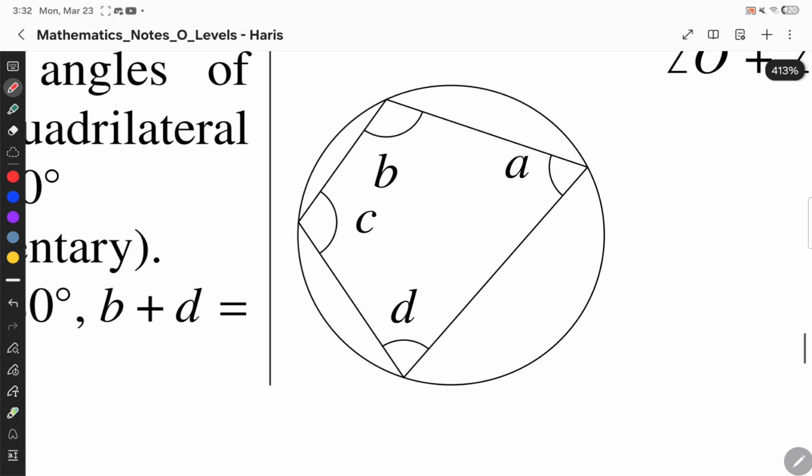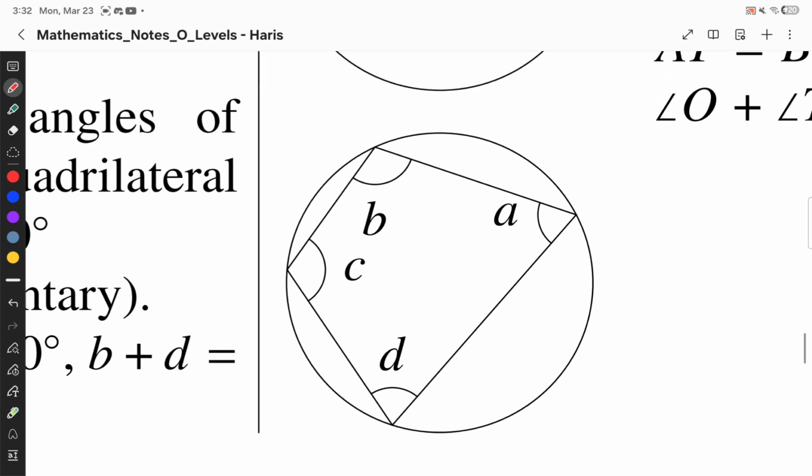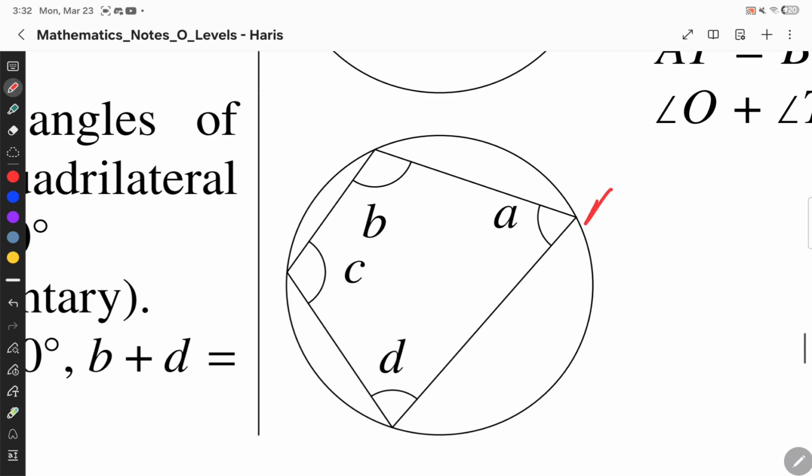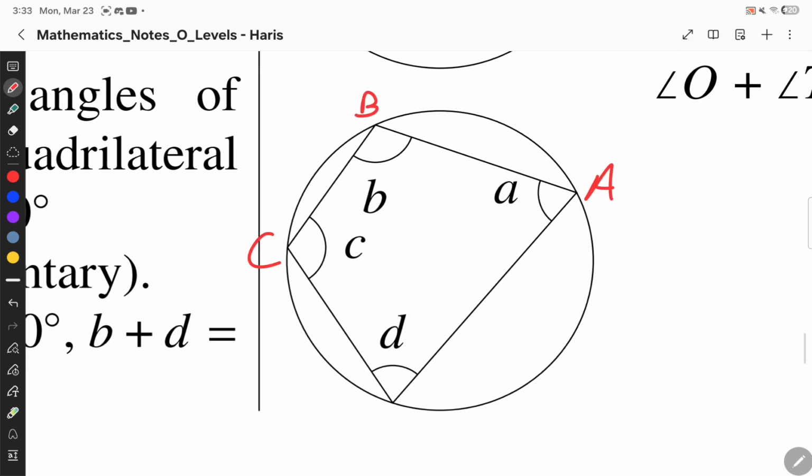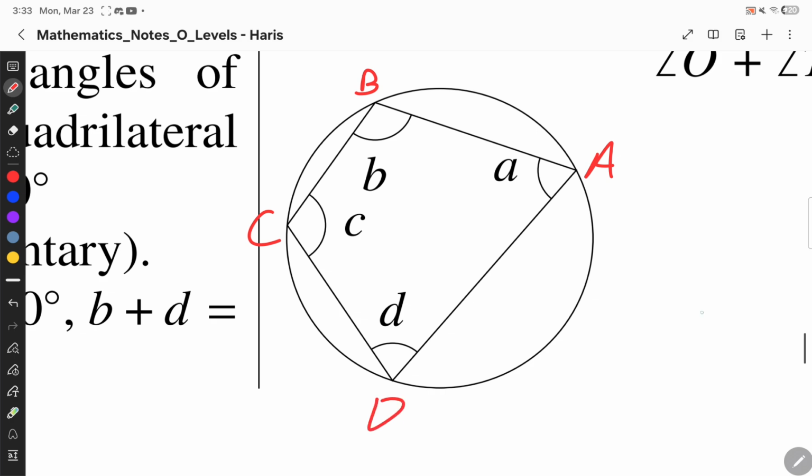It may not be so obvious, but one way to do this is to look at the vertices and count in any rotation, like anti-clockwise A, B, C, D, or clockwise B, A, D, C, whatever.